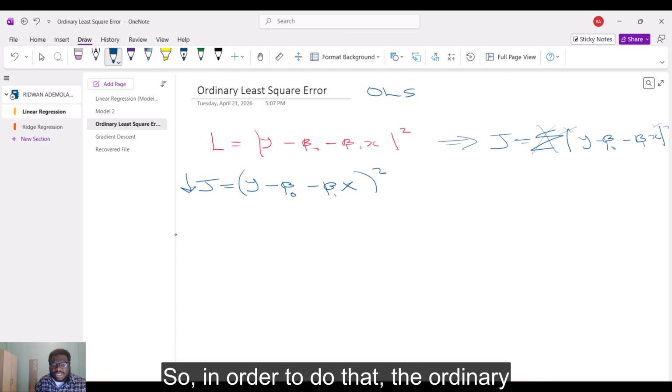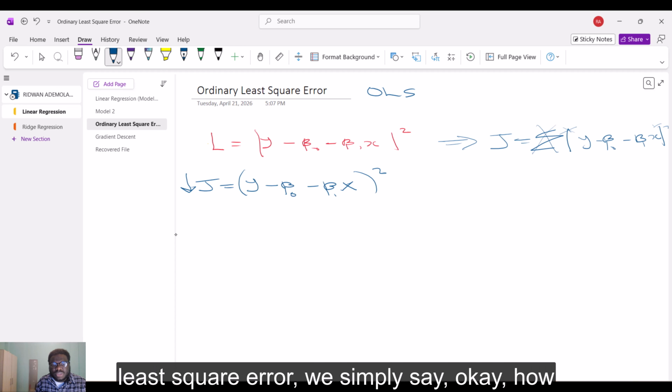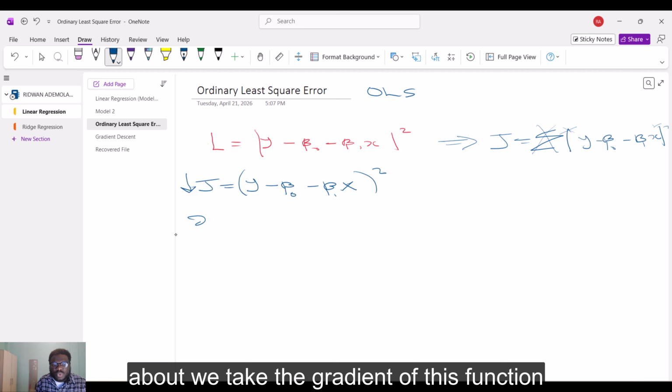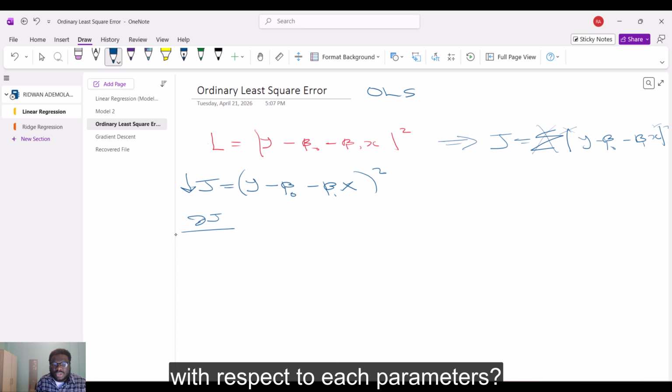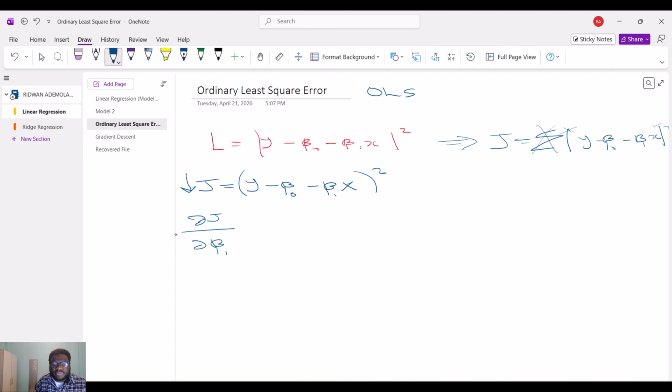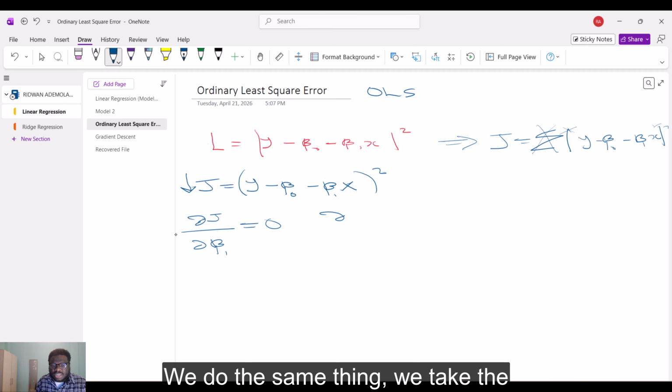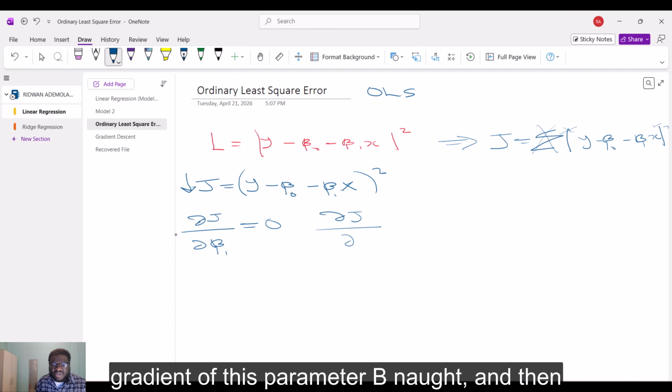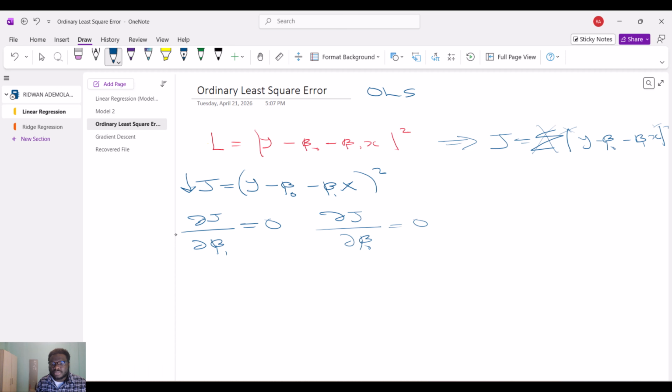So in order to do that, the ordinary least square error will simply say, how about we take the gradient of this function with respect to each parameter? So with respect to b1, and then we equate to 0. We do the same thing, we take the gradient with respect to the parameter b naught, and then we equate to 0.